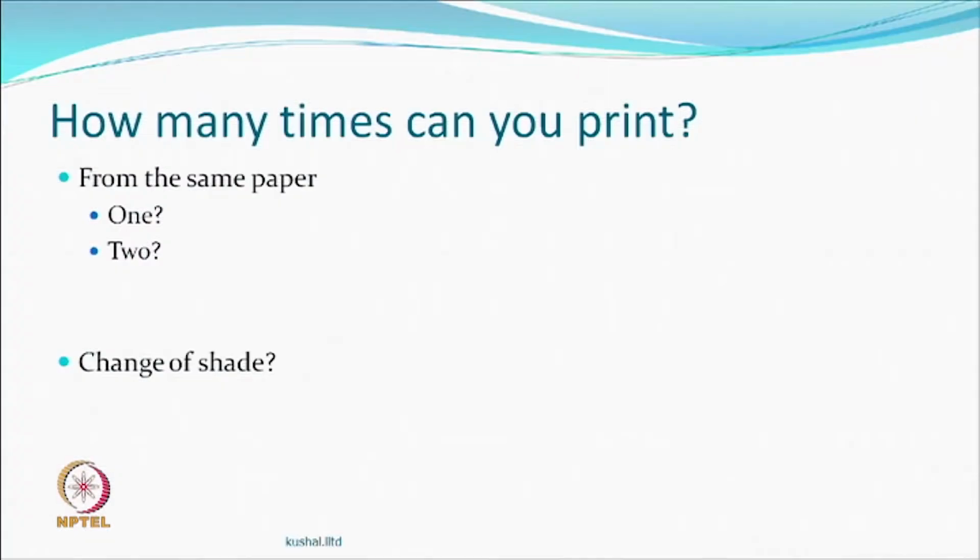So, the shade change may happen in case the rates of transfer of the colors that you have are not the same. Let us say you have made a green, and this green has been made by 2 different dyes, and one of the dyes has a higher sublimation rate than the other.